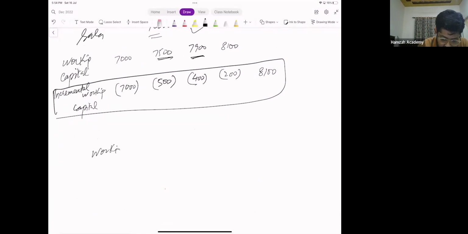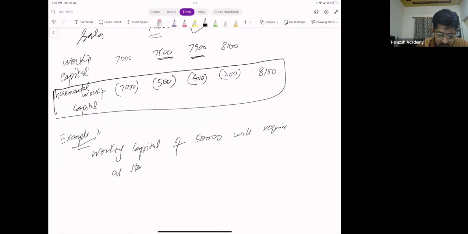Working capital of 50,000. This is example 2. 50,000 will be required at the start of the project and will increase by 5% per annum.